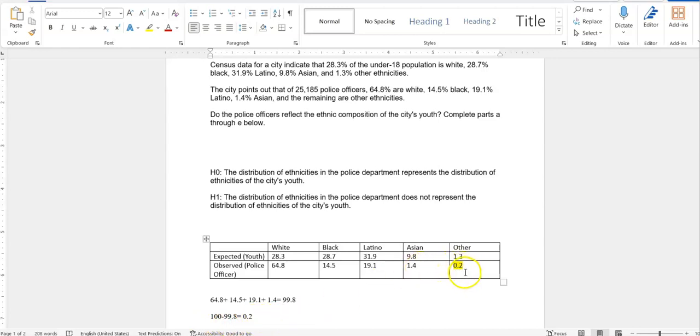So here we have these values. Now these are expected values. We should enter them in MyLab. Okay.